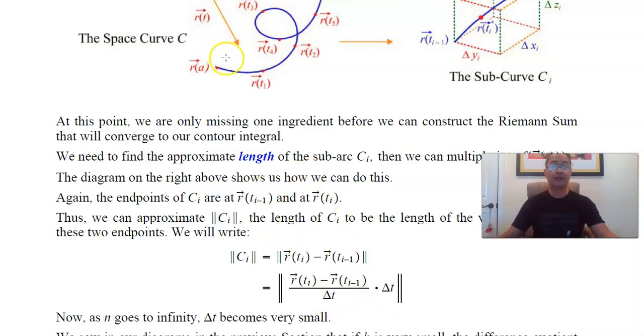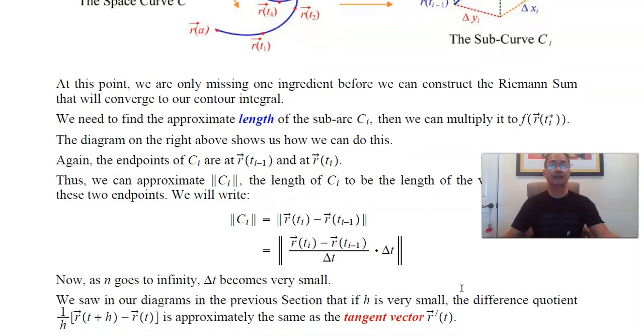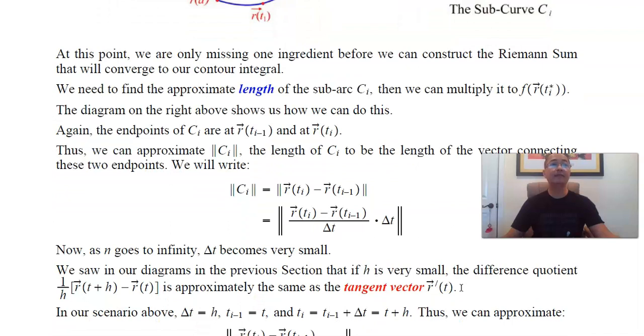But wait, we are subdividing this curve into several pieces, and of course, we want the number of pieces to go to infinity. When that happens, delta t goes to 0. So as the number of pieces goes to infinity, this difference quotient approaches the tangent vector.